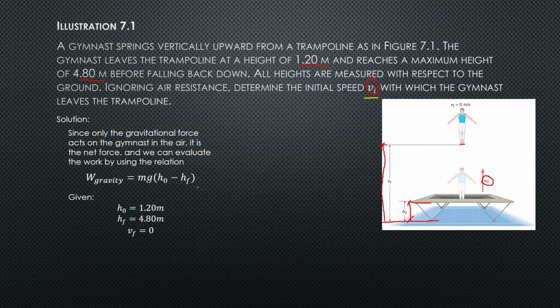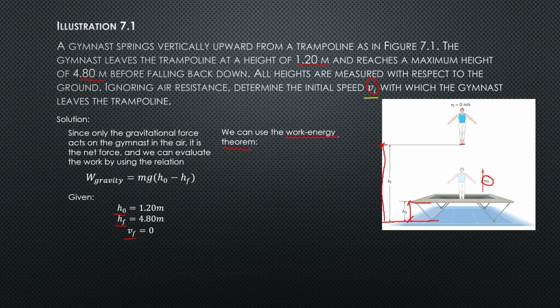Now given initial height is 1.20, the final height is 4.80, and final velocity is 0. So we can use the work energy theorem.